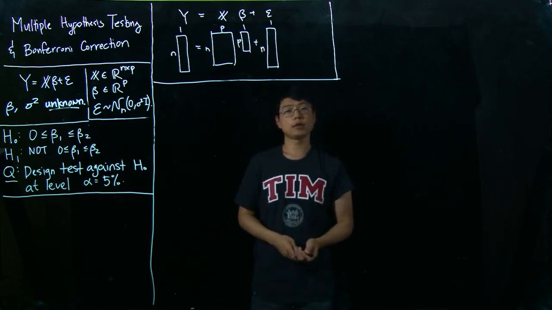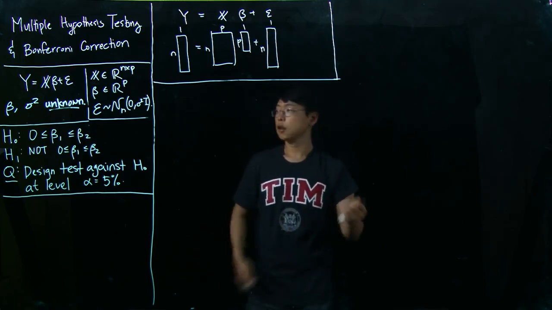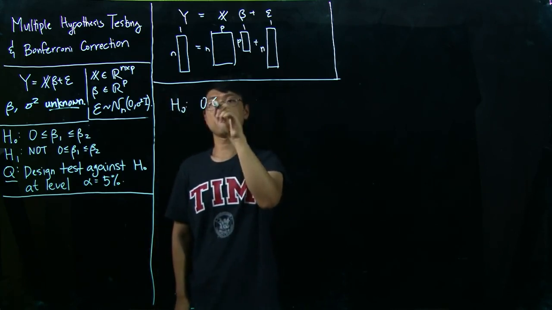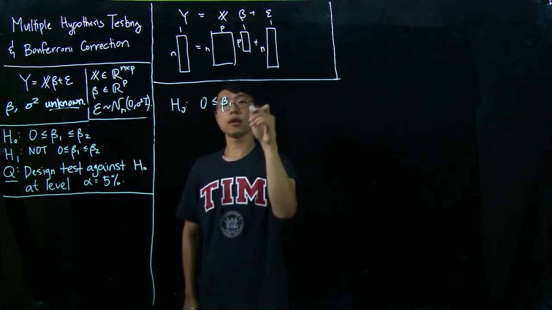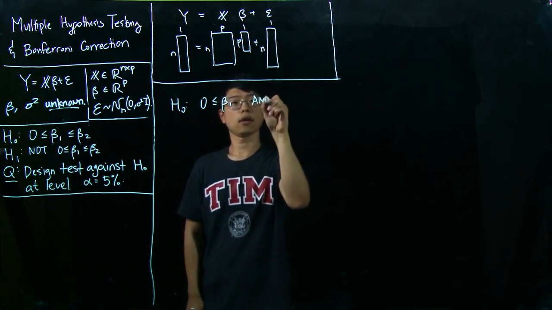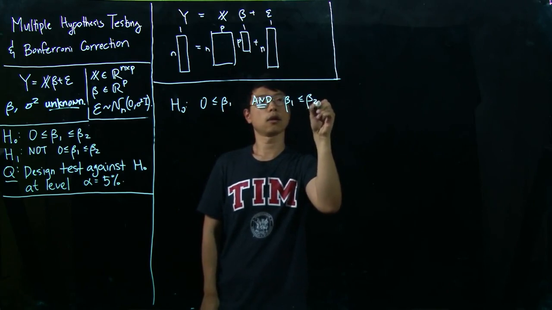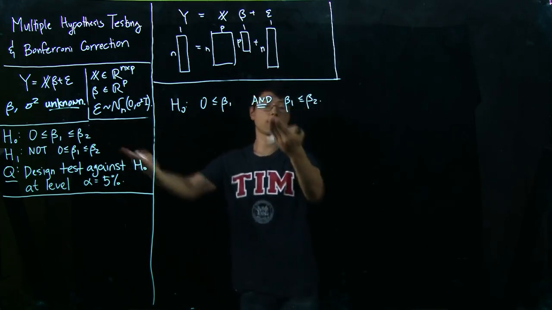The operative word I used there was the word and. So another way to write this is 0 less than or equal to beta 1 and beta 1 less than or equal to beta 2. These two are equivalent.